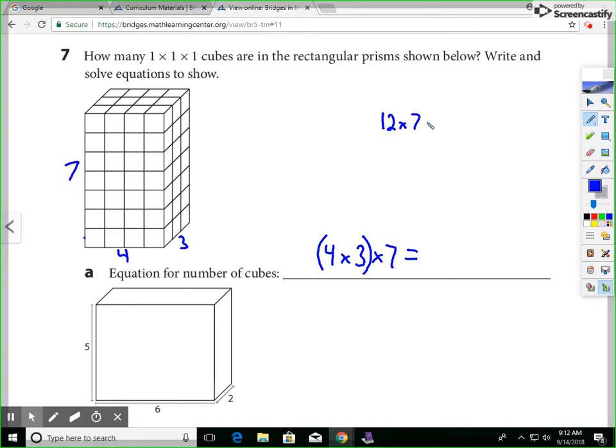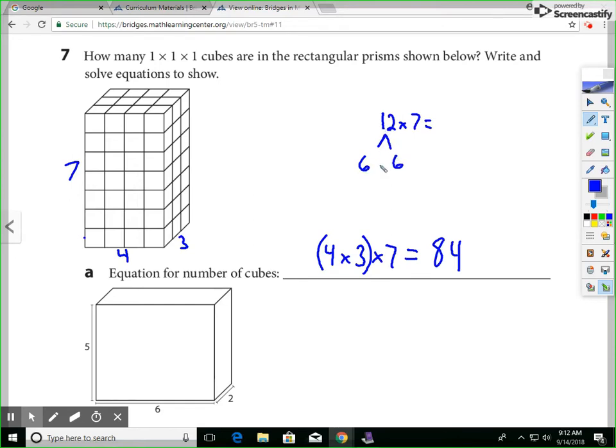And I'd use partial products here, so I get 7 times 10 is 70. 7 times 2 is 14. And there's your final answer of 84. We have a student that likes to multiply his 12s by breaking the 12 into, instead of 10 and 2, they say I'm going to do 6 and 6.